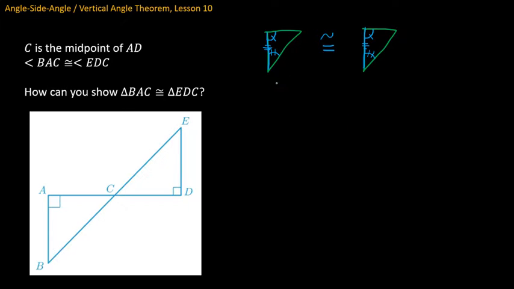So pay particular attention. It's two angles. It's an angle, a side, and an angle. And the order of this acronym is kind of giving you a clue that you will see these things in order. You see the angle, you see the side, and then you see the angle again. And that's why the acronym is ordered that way. Again, it needs to be the included side.